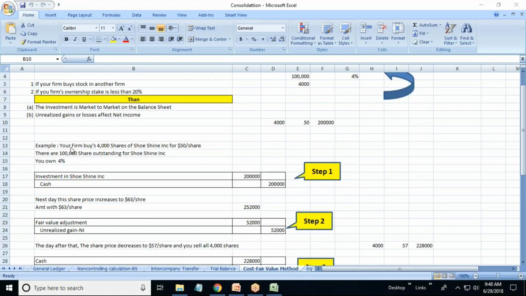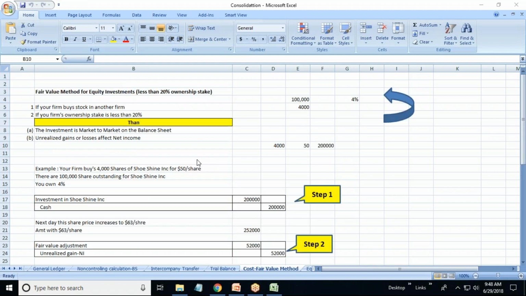For example, your firm buys 4,000 shares of Shoeshine Inc. at a rate of $50 per share. There are hundreds of thousands of shares outstanding for Shoeshine Inc. So how much do you own?